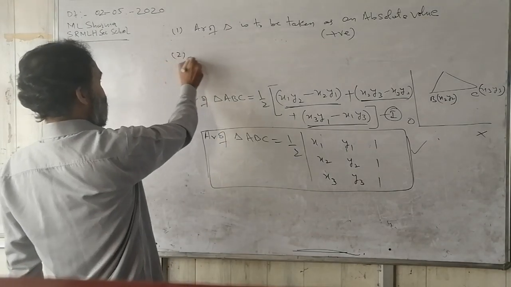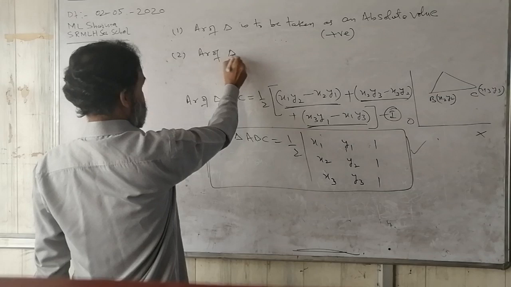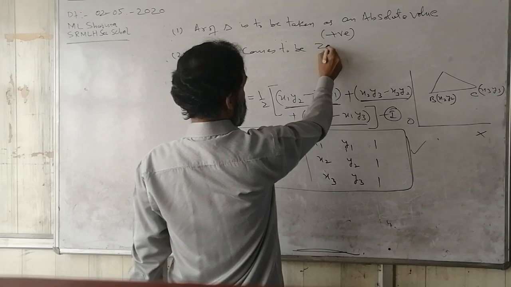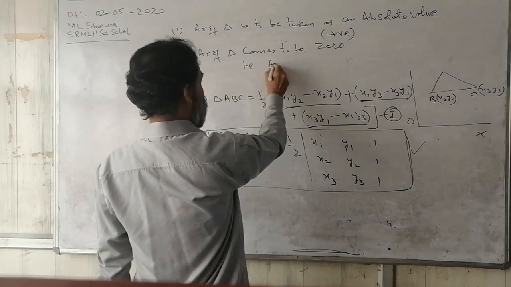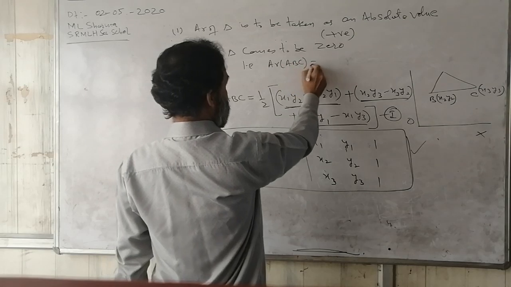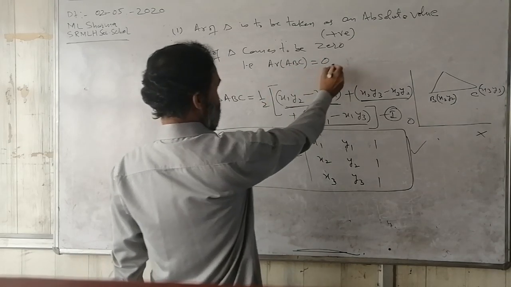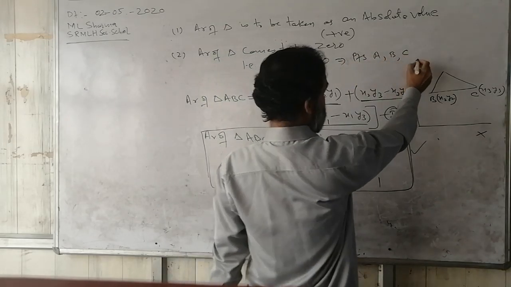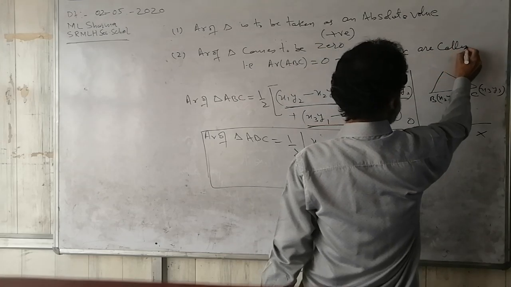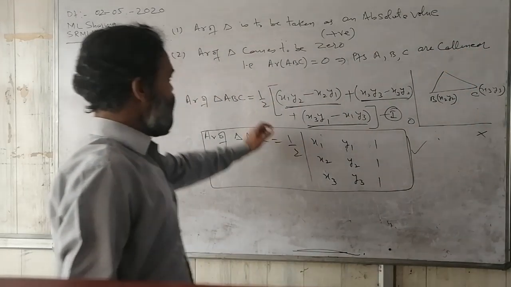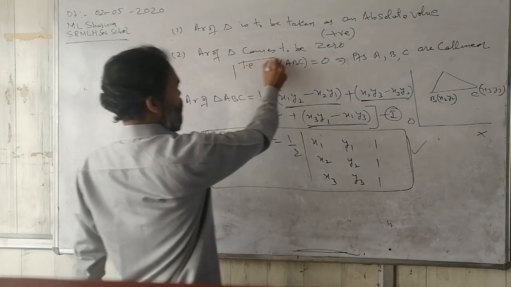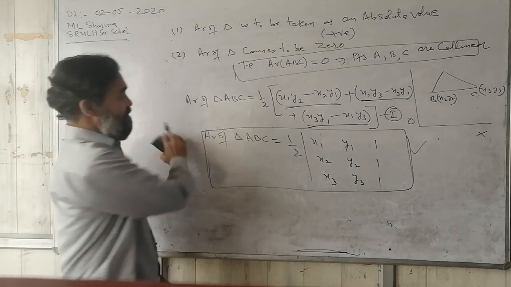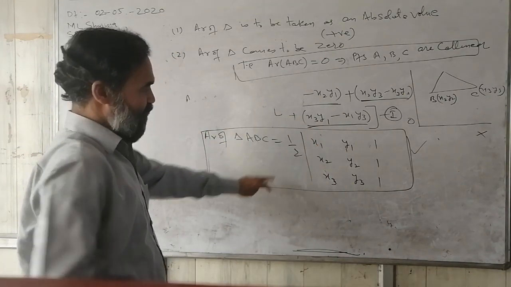Number 2, if the area of the triangle comes to be 0, that is, if the area of ABC sometimes comes to 0, this indicates points A, B and C are collinear. So in questions we will make use of this result. So let us start the exercise. In the questions, you have to remember this formula.